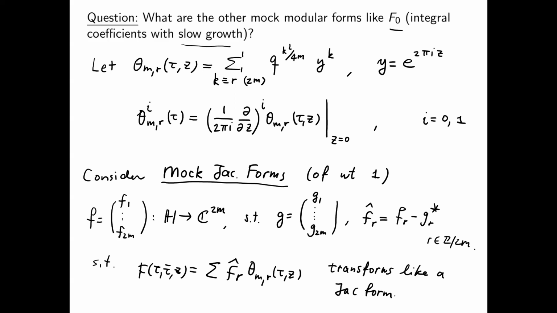Okay, good. So we want to find Jacobi forms, Mach Jacobi forms that lead to Mach modular forms with these two properties. Okay, so we all know that slow growth means that the behavior near the cusps has to be mild.